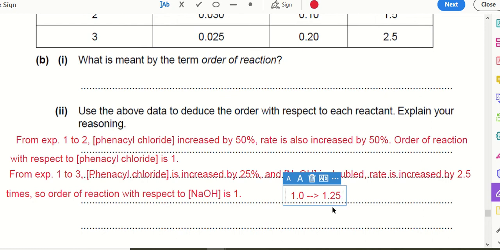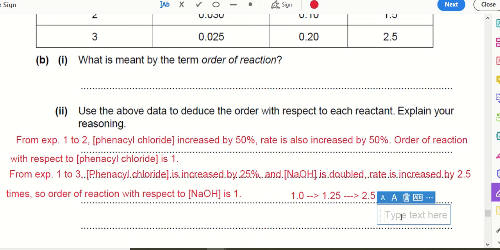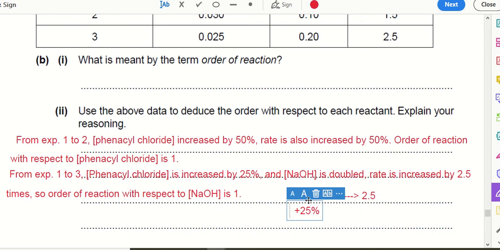That means it is doubled again. So from 1.0 to 1.25 is an increase of 25%. And then from 1.25 to 2.5 is double.